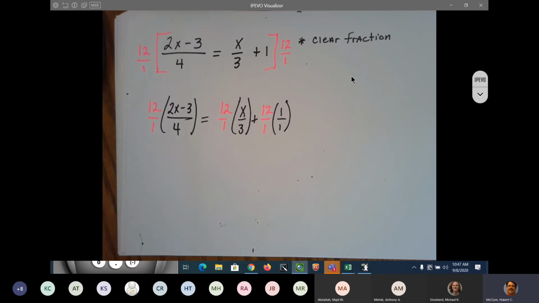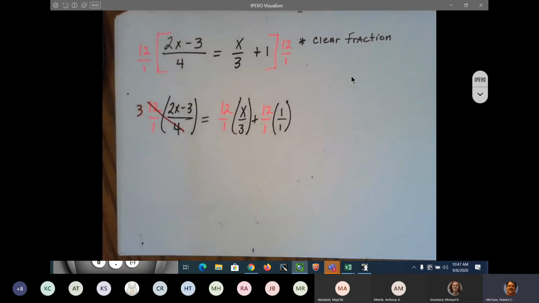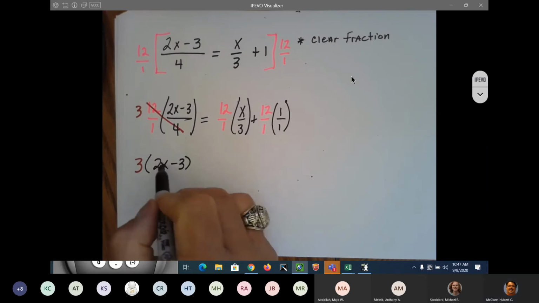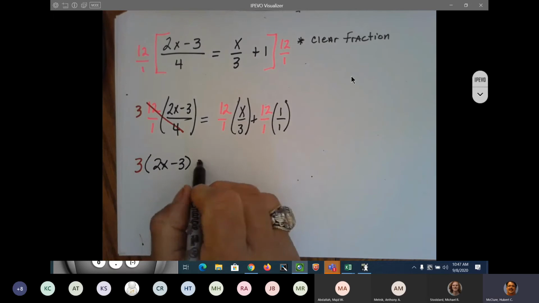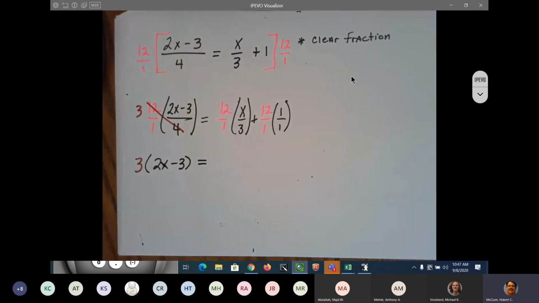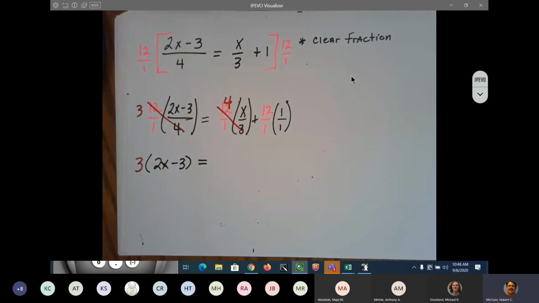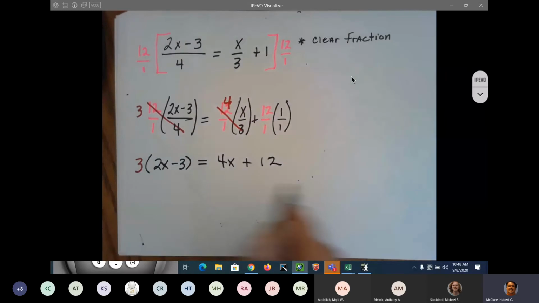So that's going to cancel to a 3. So that's going to be 3 times (2x minus 3) equals 12 times x over 3, that'll cancel to a 4. 4 times x is 4x. And 12 over 1 is 12. Now you can finish it. Take 30 seconds and finish it.